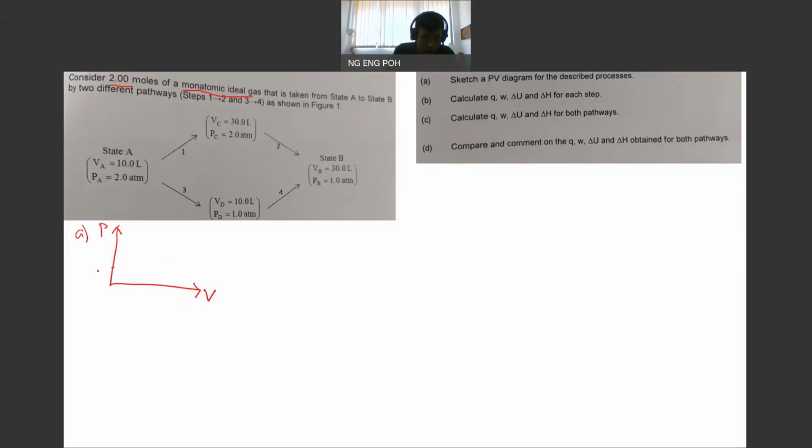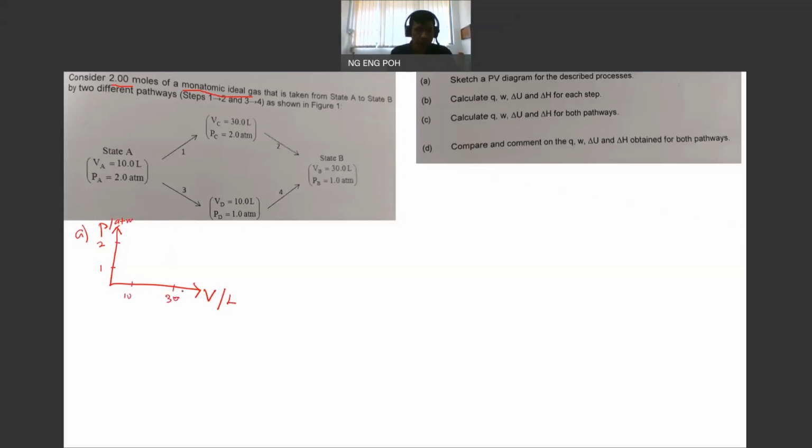So this is 1 atm, this is 2 atm, and this is volume in liters. The volume is 10 liters, 30 liters, 30 liters, 10 liters. So here will be 10 liters and this is 30 liters.